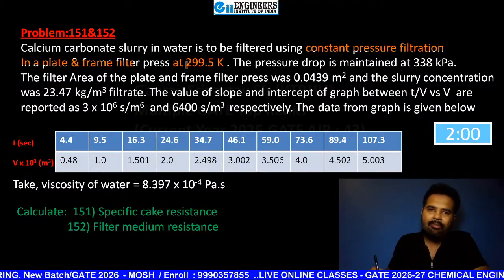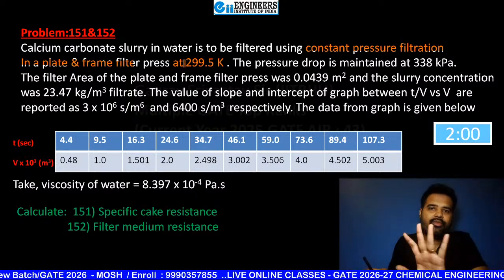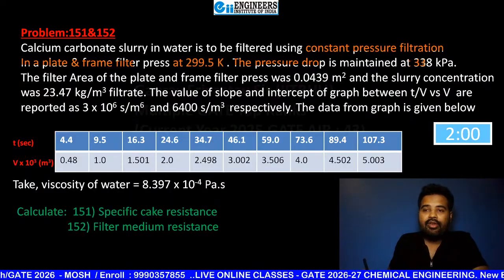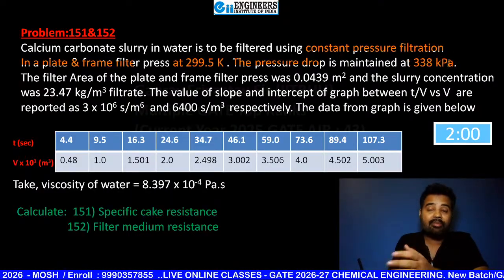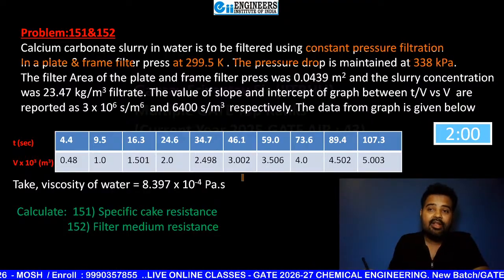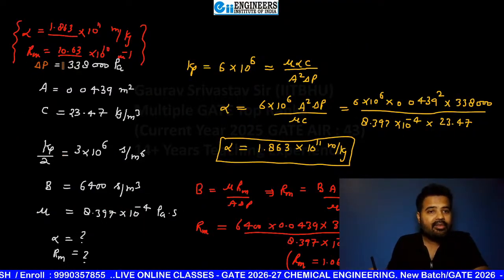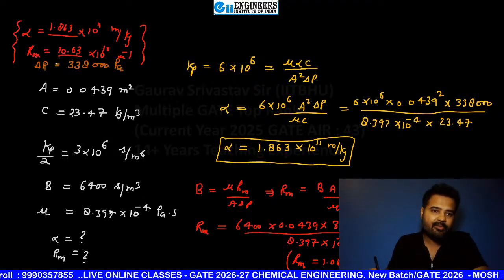No need to worry about temperature, because in our filtration chapter we got no equation in terms of temperature. The pressure drop is maintained at 338 kilopascal. Kilopascal is not an SI or MKS unit; the MKS unit is just Pascal. So the first data I extract is delta P, which is 338,000 Pascal.